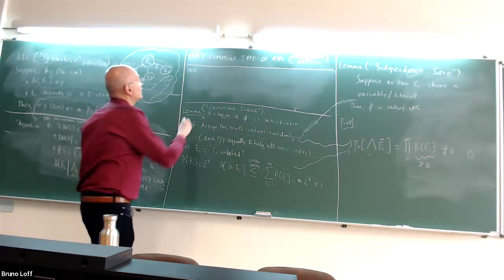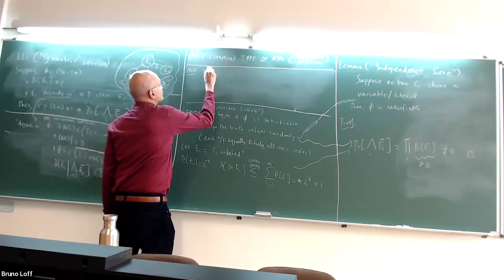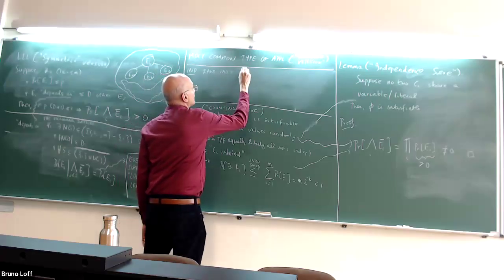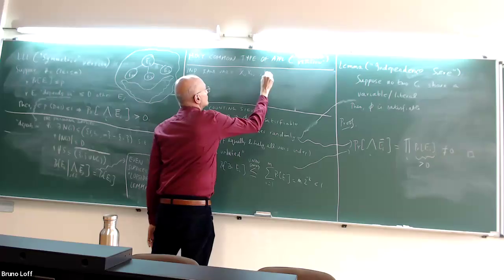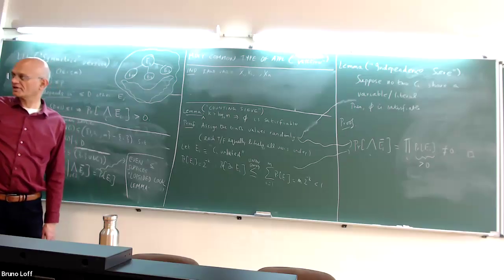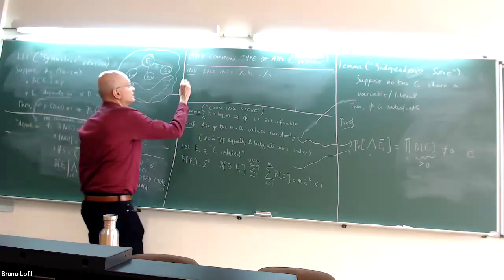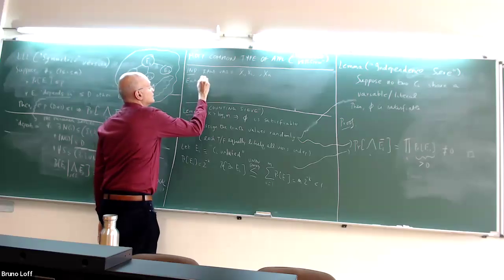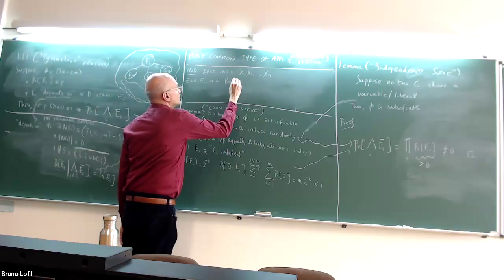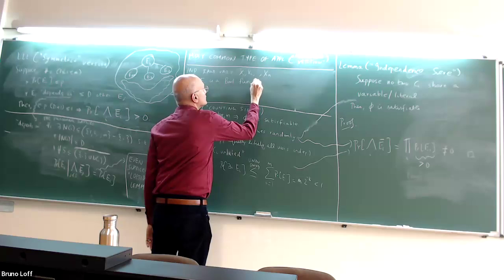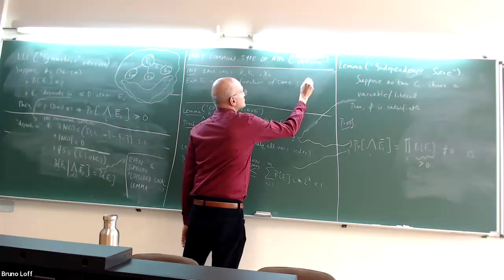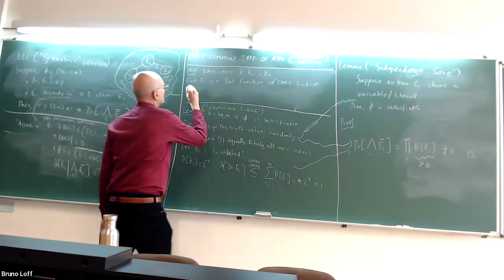So you have some independent random variables, capital X1, capital X2, and so on. These are the truth assignments to the variables in our example. And each Ei is a Boolean function of some subset of these random variables.